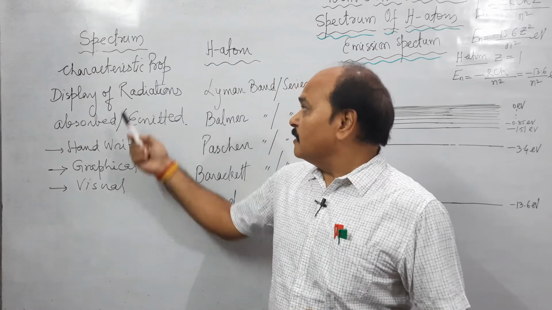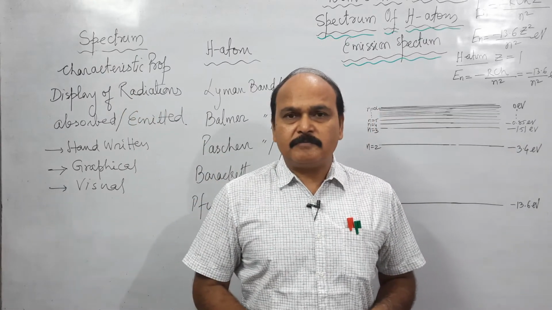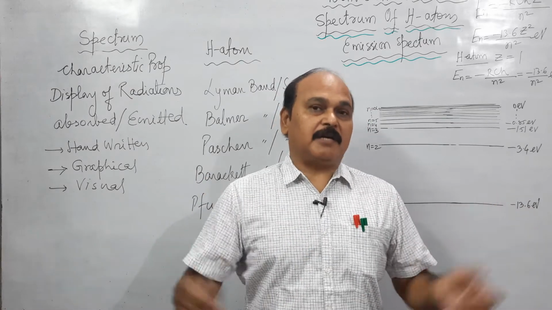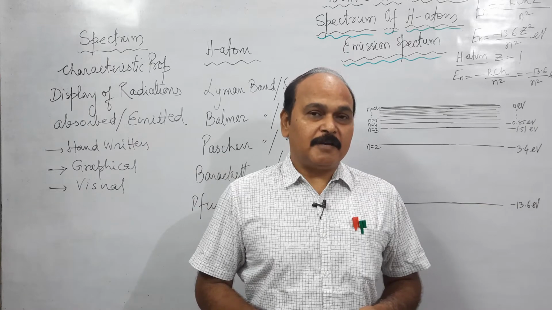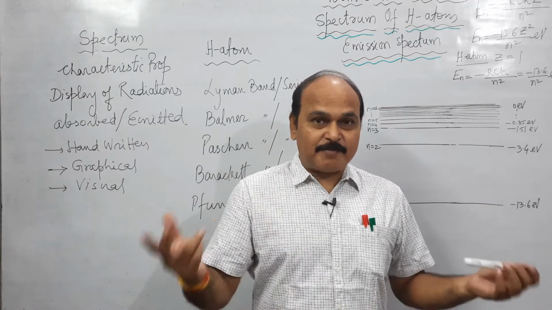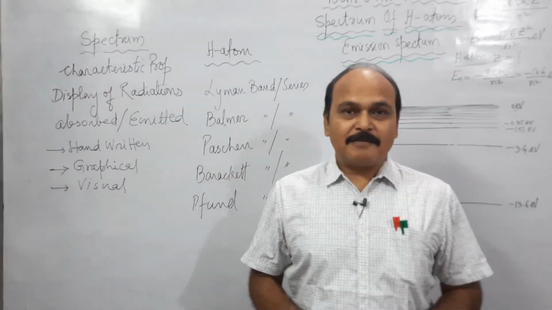Well, this spectrum is a characteristic property of an atom. No two different atoms can ever have the same spectra. If two spectra are identical, that simply means they are the spectra of the same element.